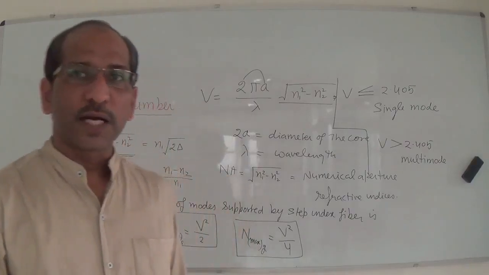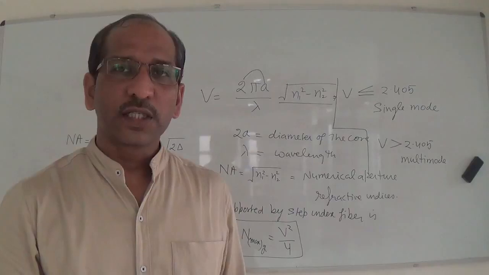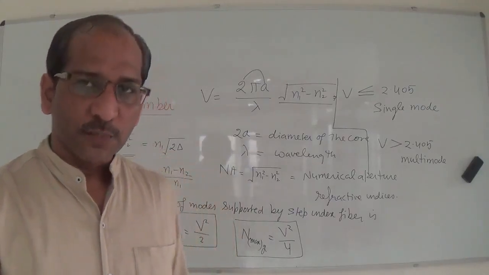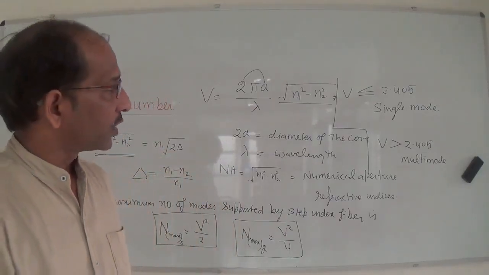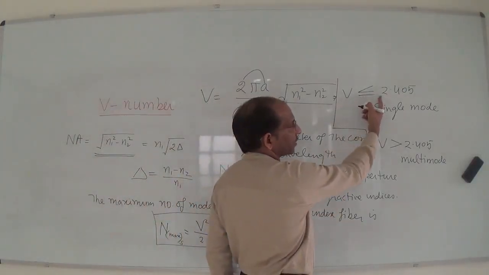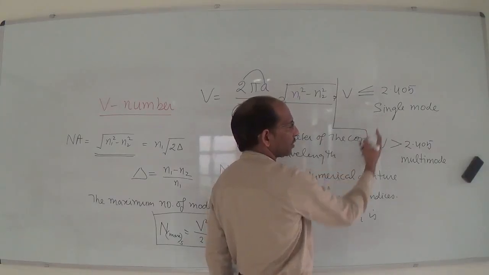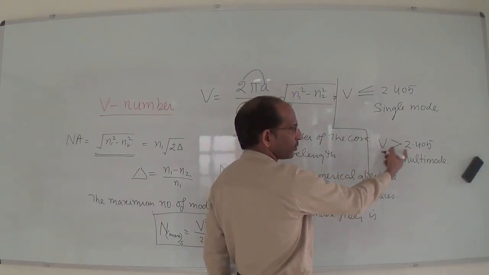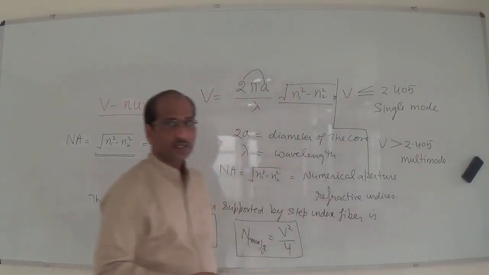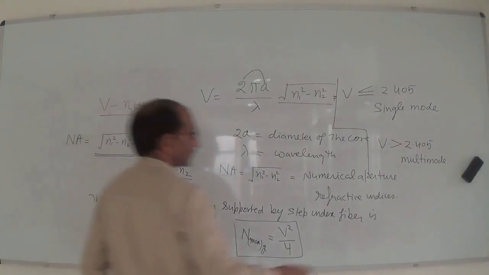So how to determine whether the optical fiber will be single mode or multi-mode? The information basically comes through the V number. So if V is equal to or less than 2.405, that optical fiber carries single mode, and if V is greater than 2.405, that is the multi-mode optical fiber.